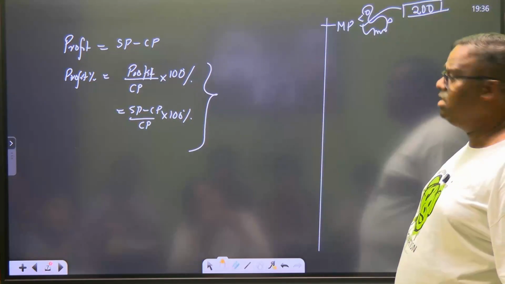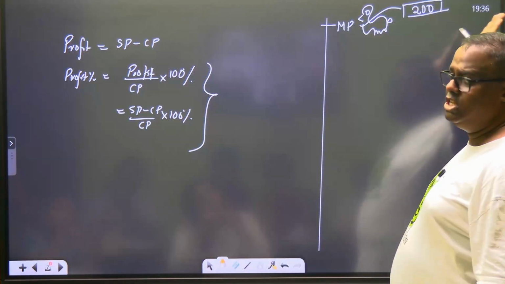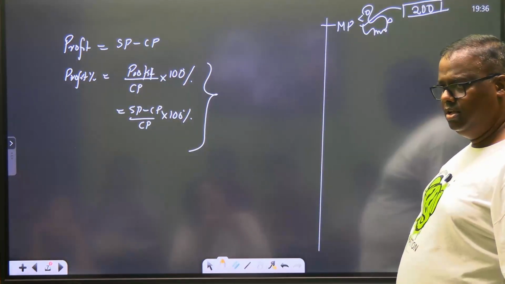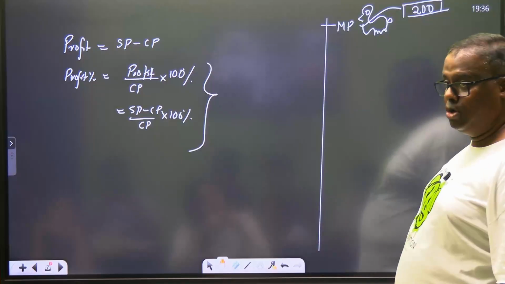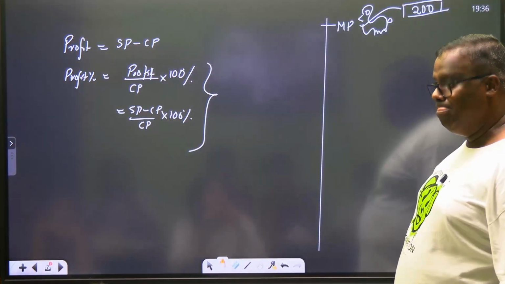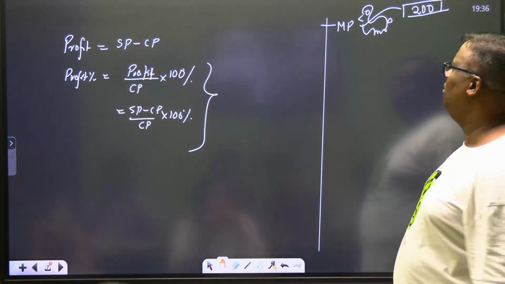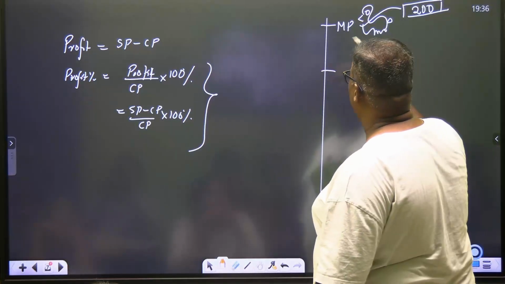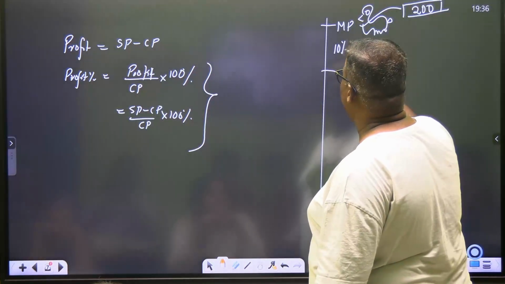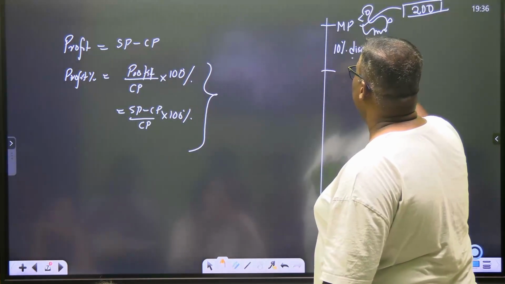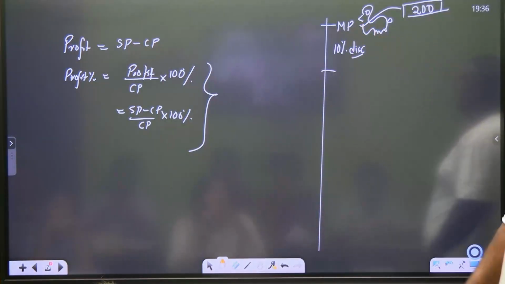At this price, straight away, she says, no, this is very costly. Looking at the face of the girl, the shopkeeper thinks, a customer is slipping away. No, madam, right now there is a discount going on. We will give you 10% discount. So discount is always offered on the mark price.